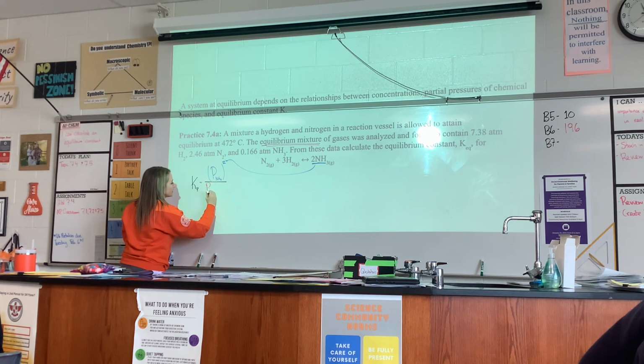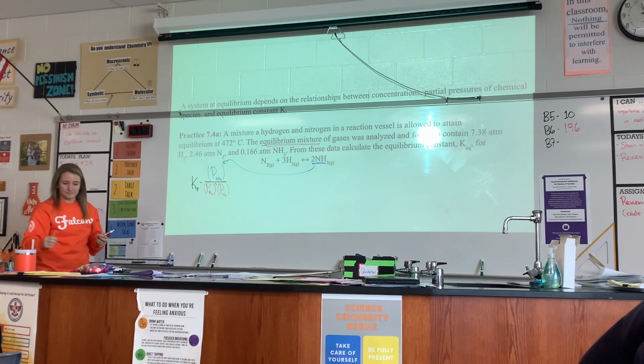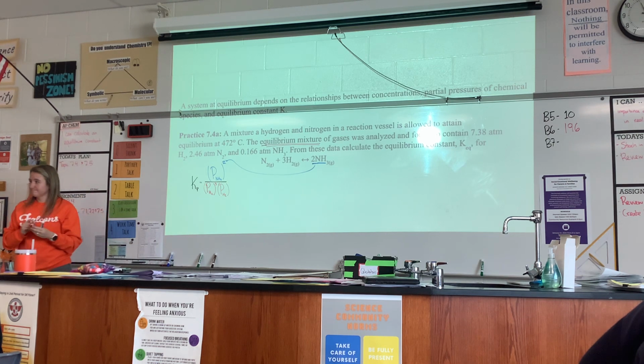So we're going to have the pressure of H2 to the power of 3, and then the pressure of N2. So hopefully this is ringing a bell. This is what we did on our homework last time. What I've done so far is what we learned last time of setting up an equilibrium expression. Questions so far?